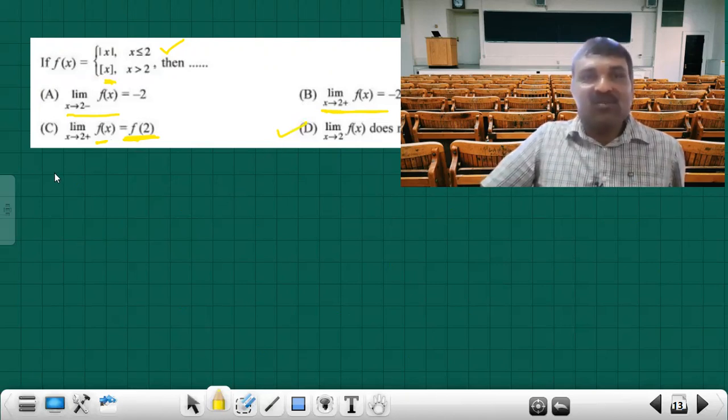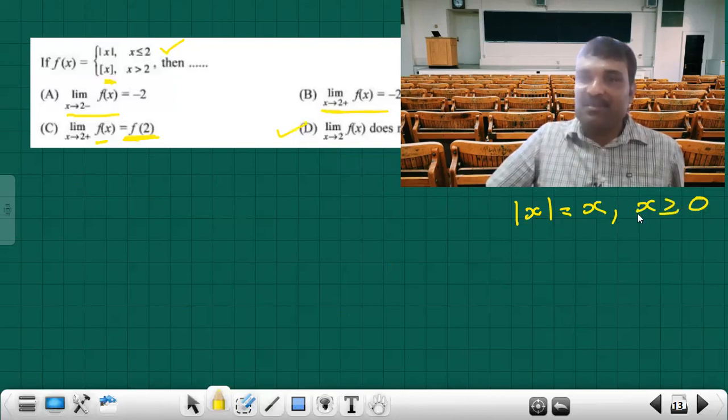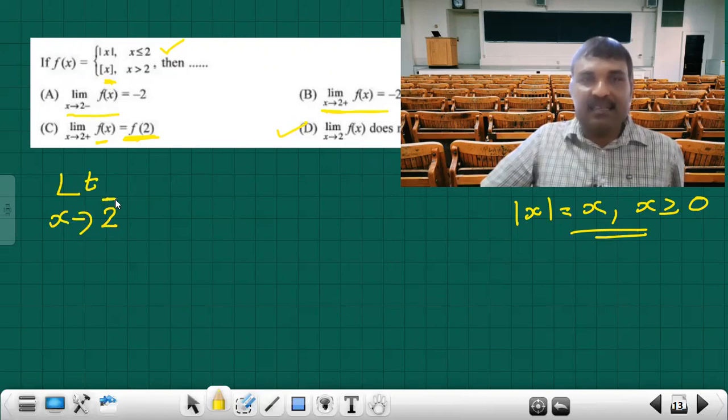Okay. So we can evaluate the left hand limit and right hand limit separately, right? So we know that mod x is equal to x if x is greater than or equal to 0, right? Now what is the value of the limit as x tends to 2 minus, the left hand limit?